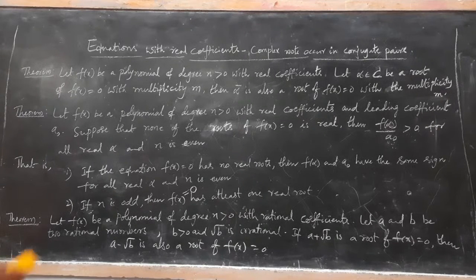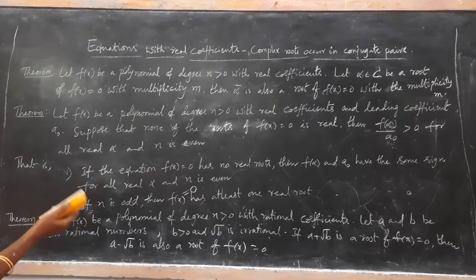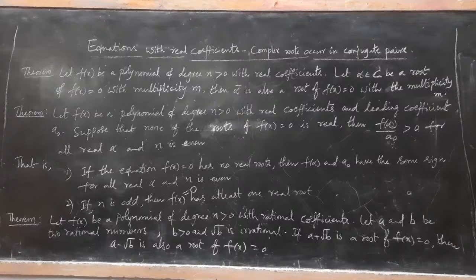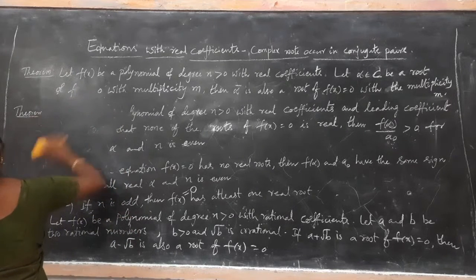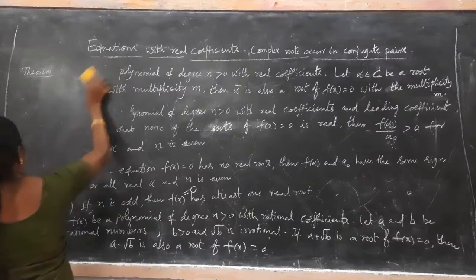Okay, see, no need to prove all these things. Try to understand what the theorem says. That is, if alpha, a complex number, is a root, then alpha bar, its conjugate, is also a root of f(x) = 0. Remembering these things is enough. Okay, with this knowledge I come to some examples.